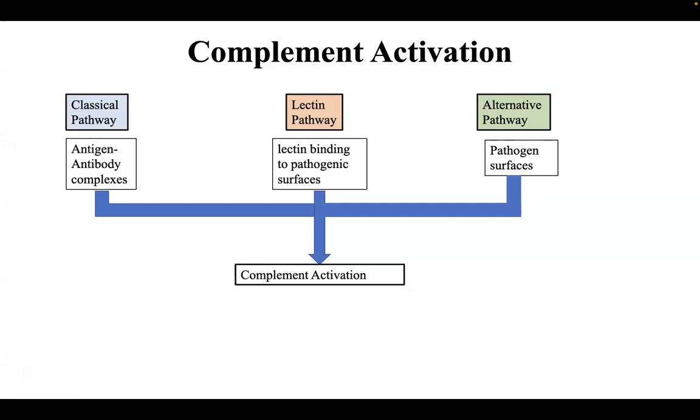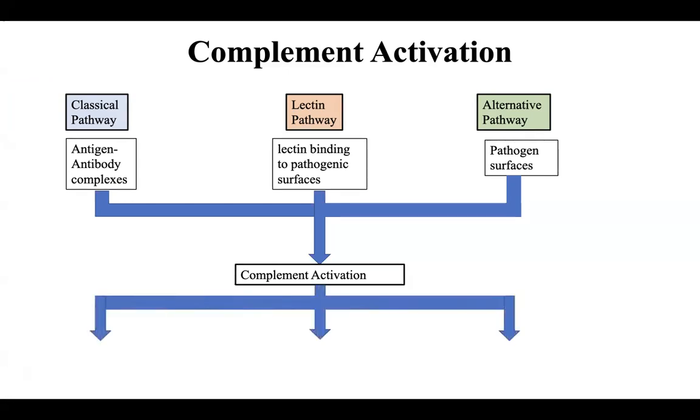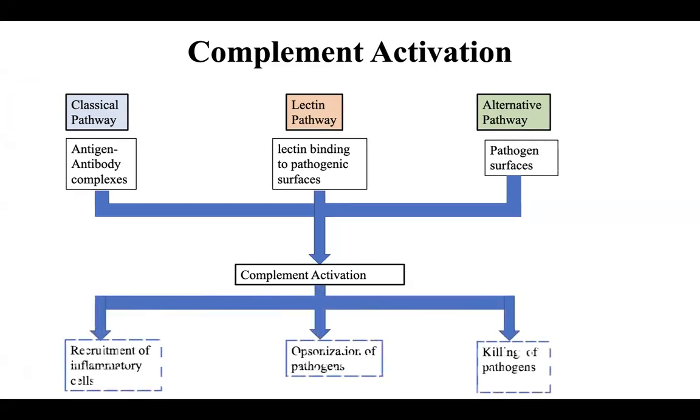So what does it do after getting activated? It has these 3 actions. It knows that there might be an antigen, might be a bacteria, might be a pathogen. What will it do? It will act in 3 ways. Firstly, it might recruit inflammatory cells, which means it will undergo inflammation itself. It might kill the pathogen directly, okay?